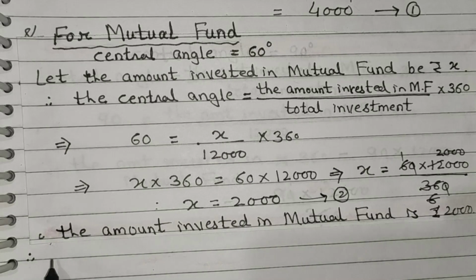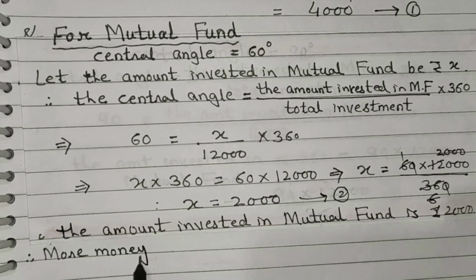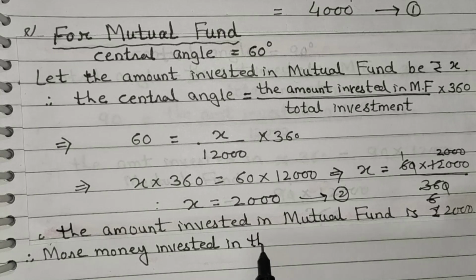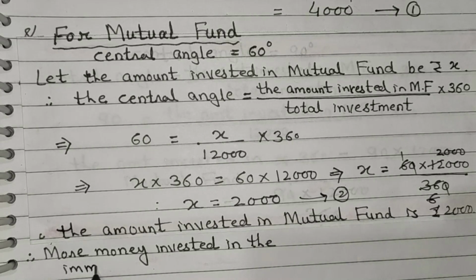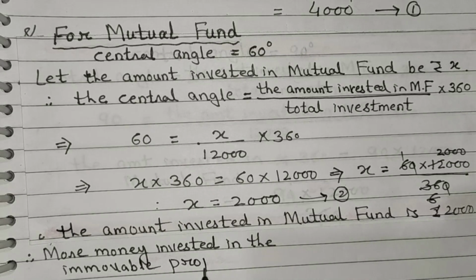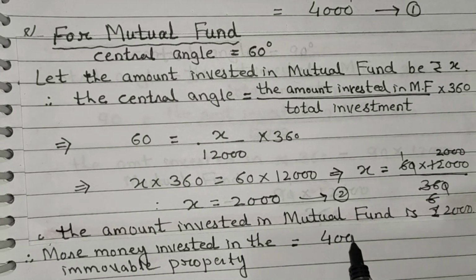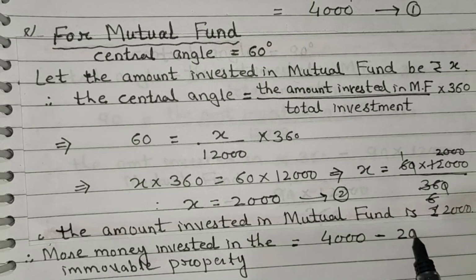Therefore, more money invested in the immovable property is equal to, now from equation 1 and 2, rupees 4,000 minus rupees 2,000.